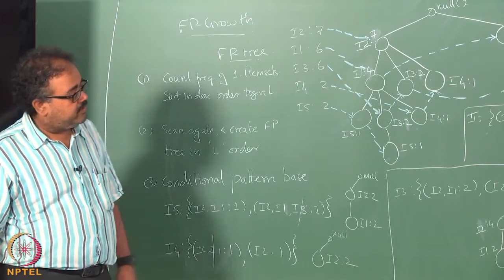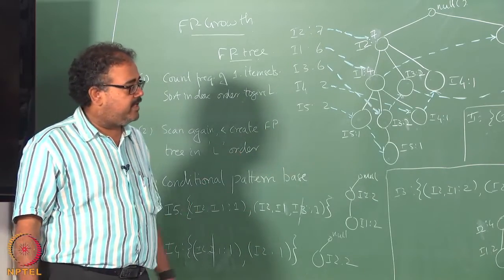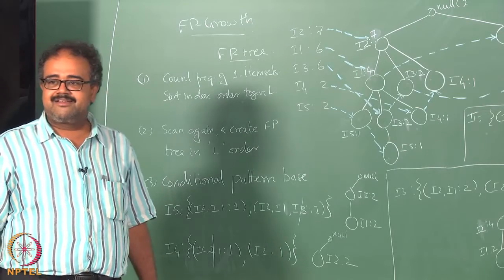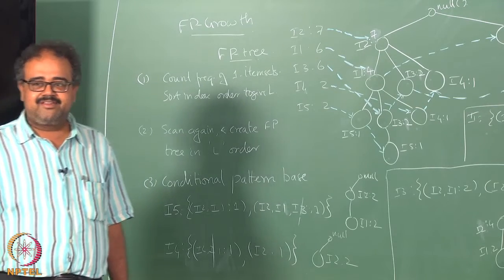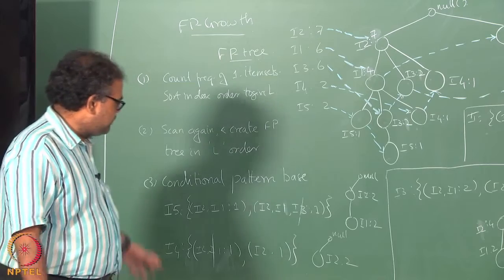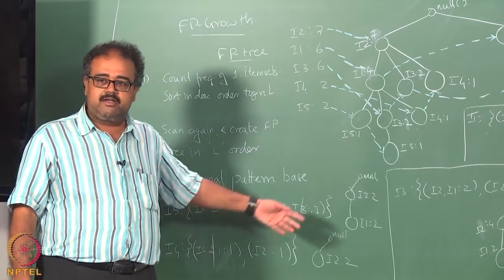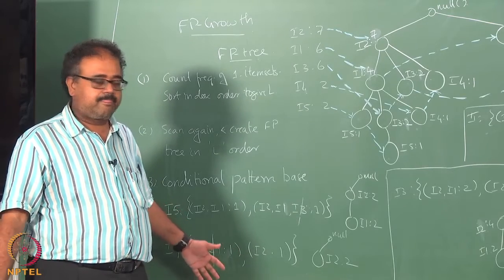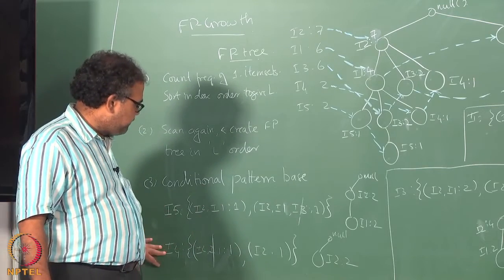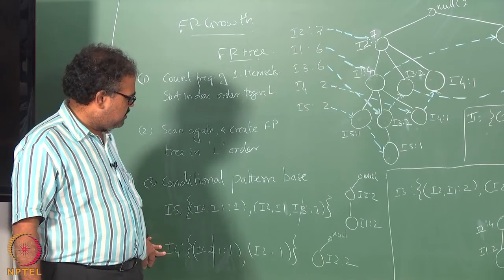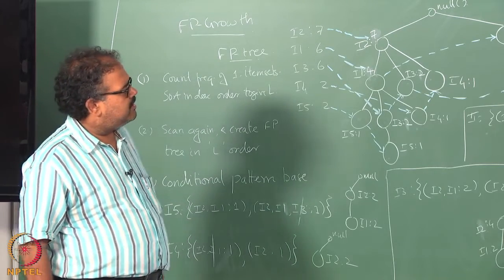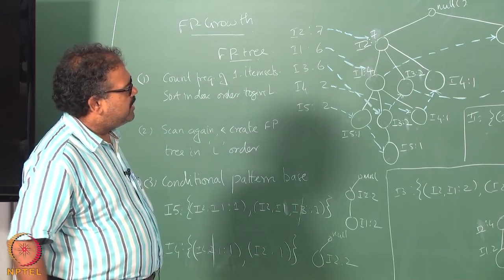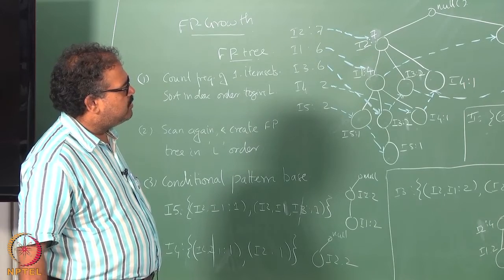So we can rework the whole thing, setting min sub to 3, and then you would see interesting things. All of this will go. There will be no frequent pattern of length 3. So I5 and I4 will all go.